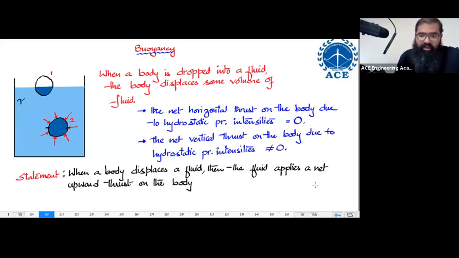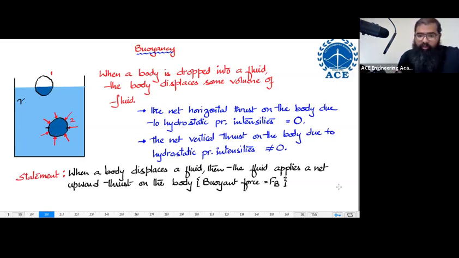Both body 1 and body 2 are displacing some volume of the fluid. This upward thrust on the body is known as buoyant force. It is represented by F with a subscript B.